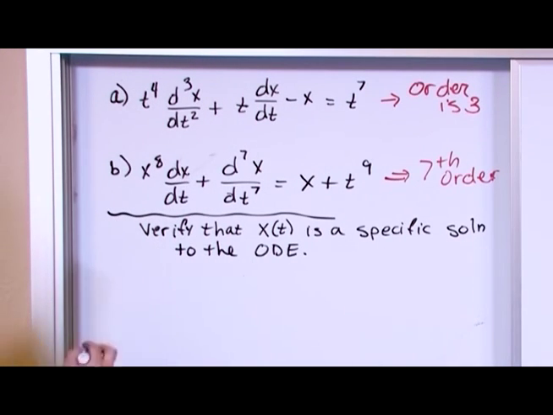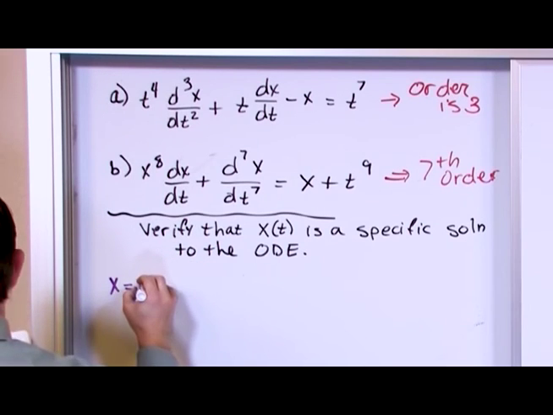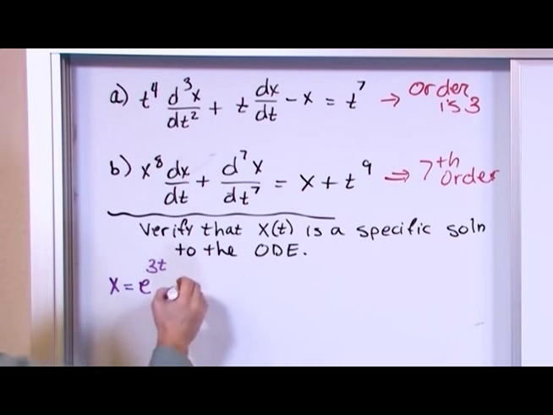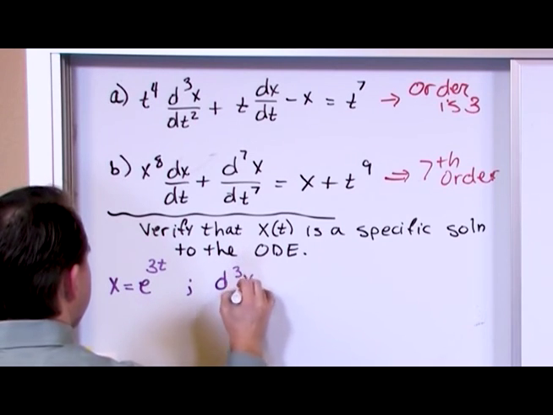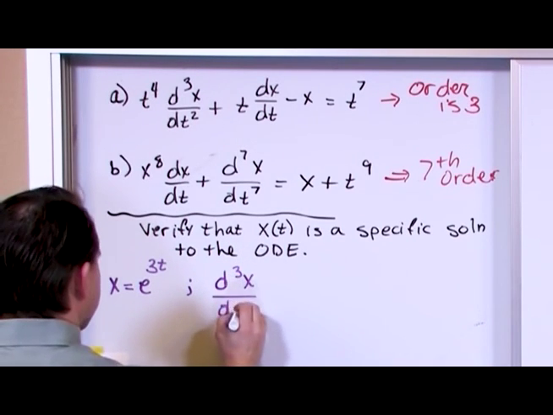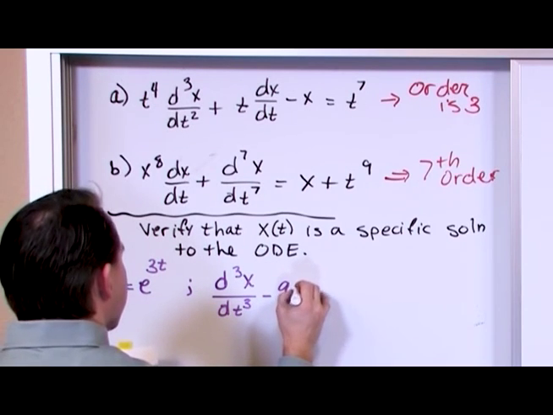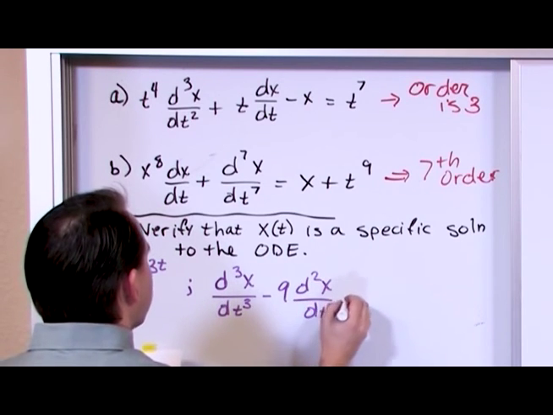So let's say in this problem I have x is equal to e raised to the 3t power, that's my solution. And the differential equation that I want to see if it's a solution for is the third derivative of x with respect to time minus 9 times the second derivative of x with respect to time, and that's equal to 0.